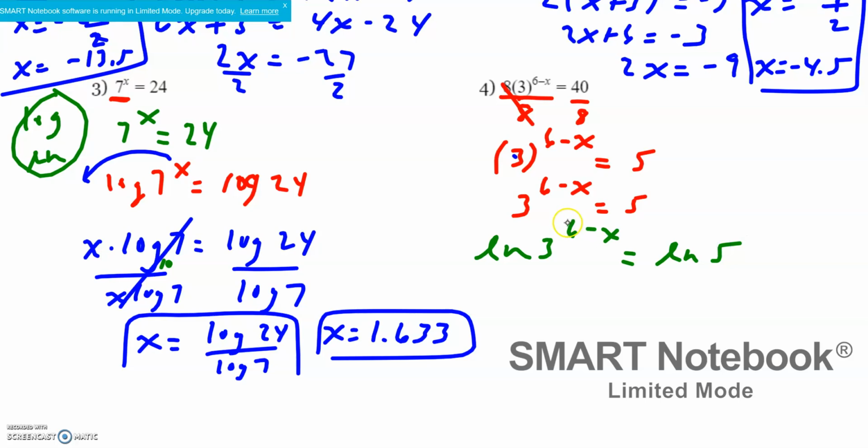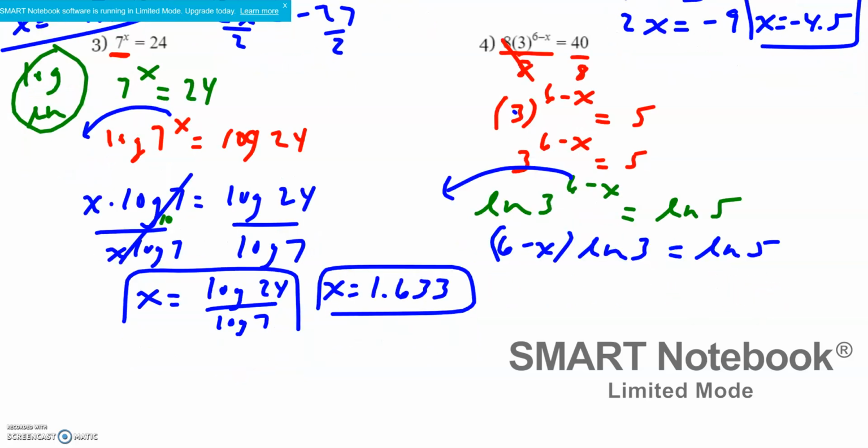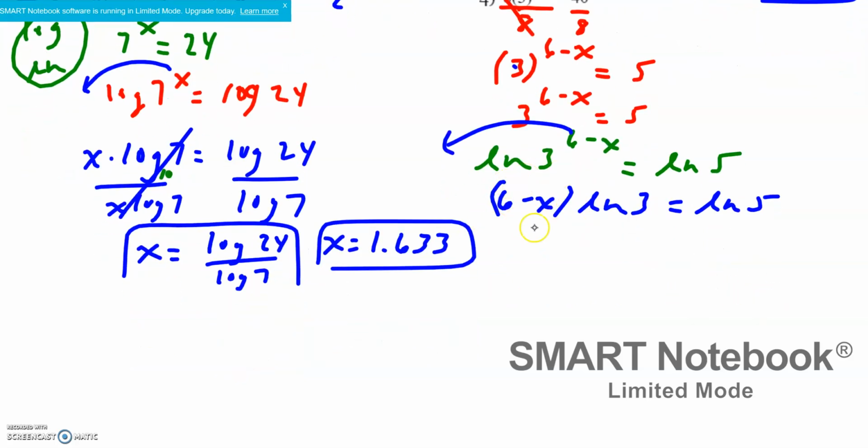What you can do is again bring this exponent down because you applied logs. So we have the exponent of 6 minus x times ln of 3 equals ln of 5. The reason I put parentheses here is because all of this exponent is multiplying ln of 3. My goal is to continue to get the x by itself, so my suggestion would actually be getting rid of ln of 3 and moving it over here.